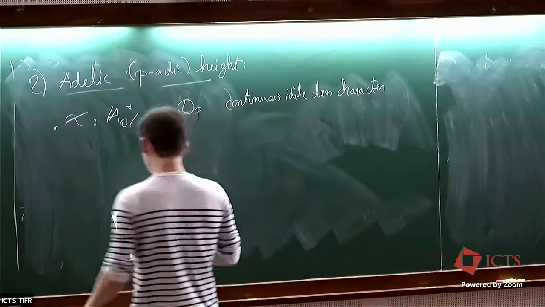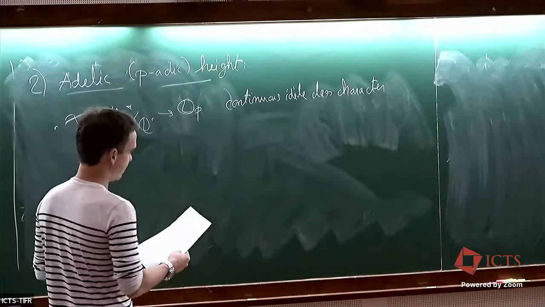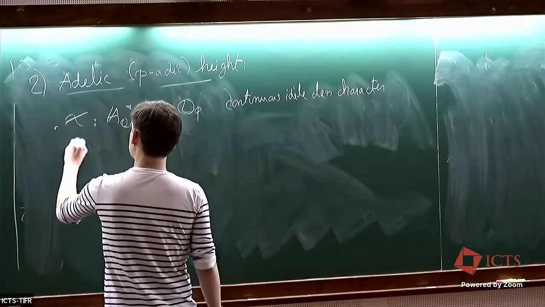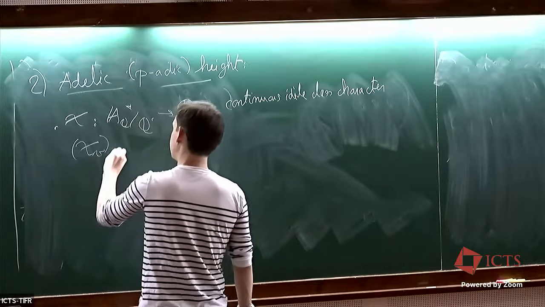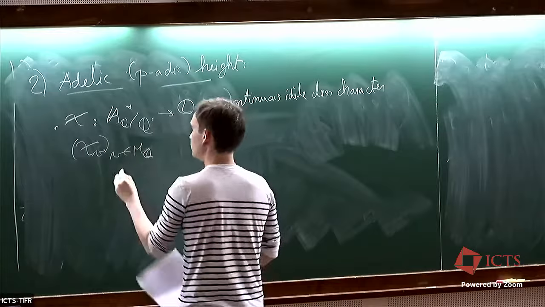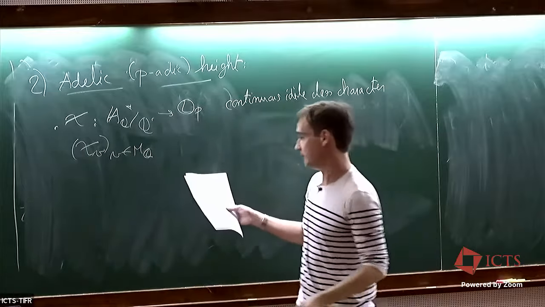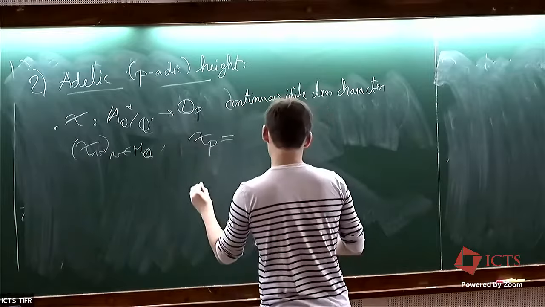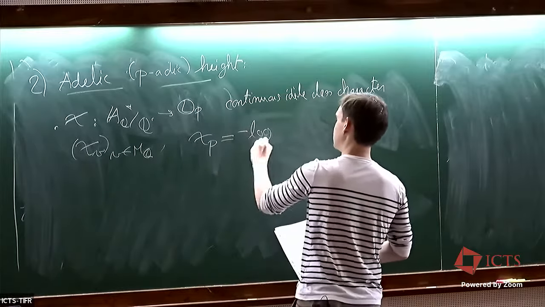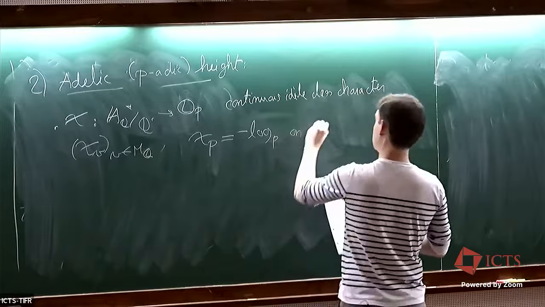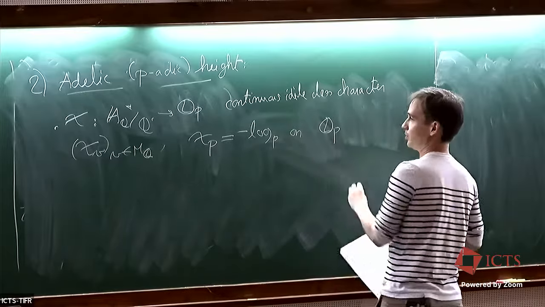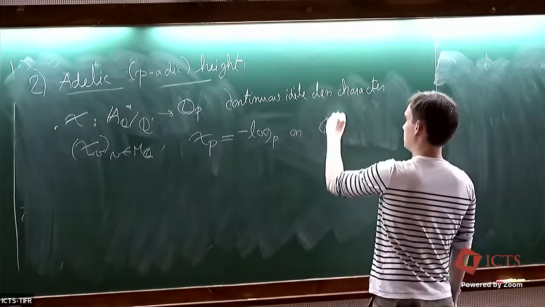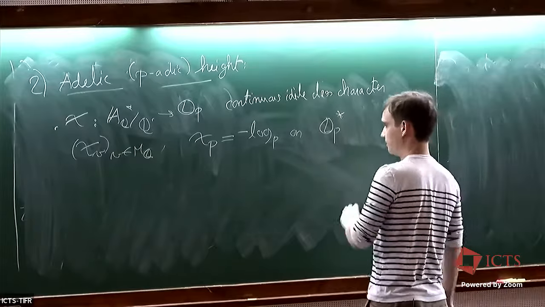Okay. And if you want the more practical version, it means you define chi v in MQ. So for every possible prime and maybe infinity here. So chi p will be minus log p on Qp here.